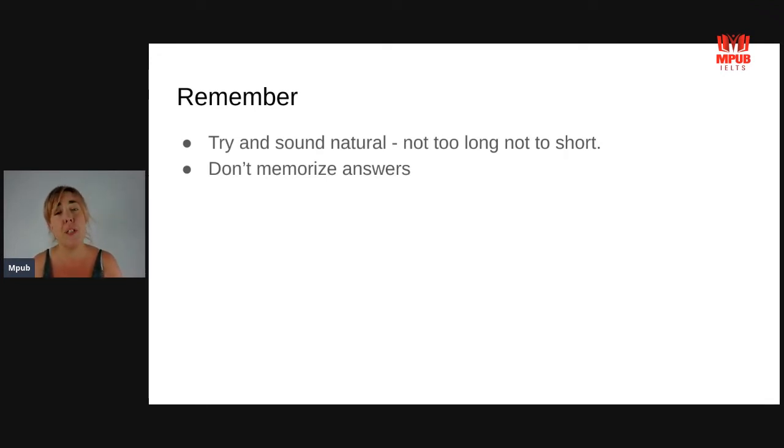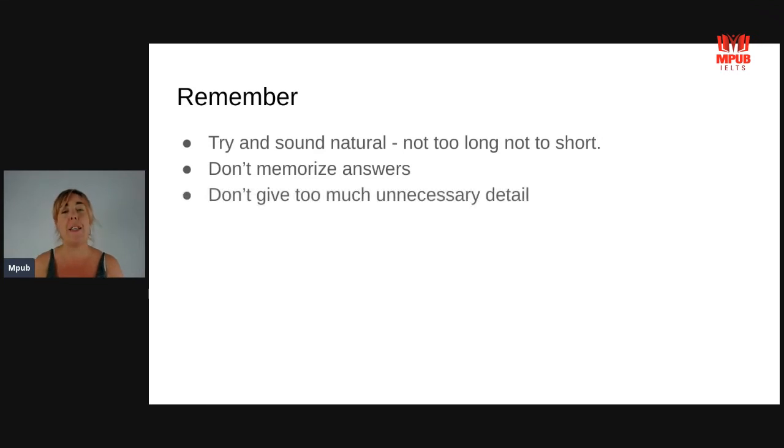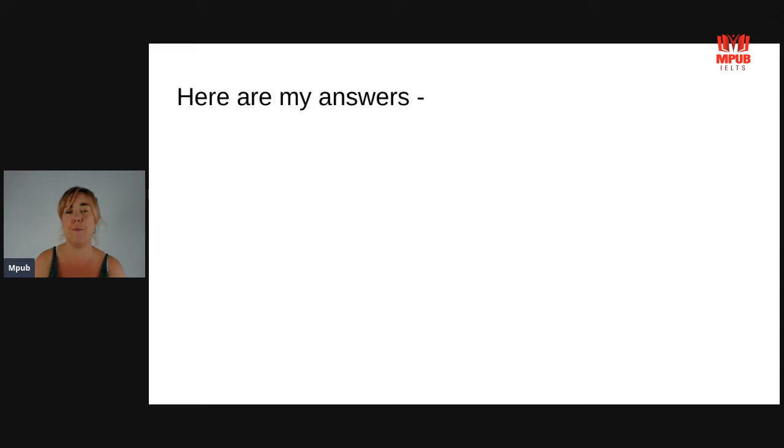And also it's more difficult because if you forget one part, it can stop you remembering the other parts. And finally, don't give too much unnecessary detail. The examiner doesn't need to know everything that happened yesterday. Okay? And finally, don't list things. Anybody can list, but we want you to show them your sentences.